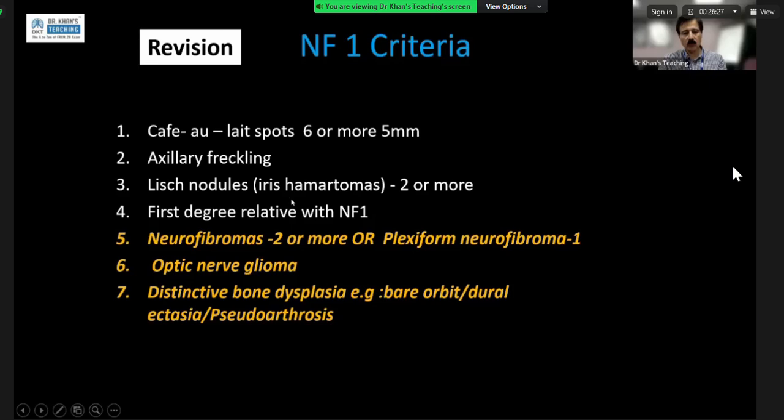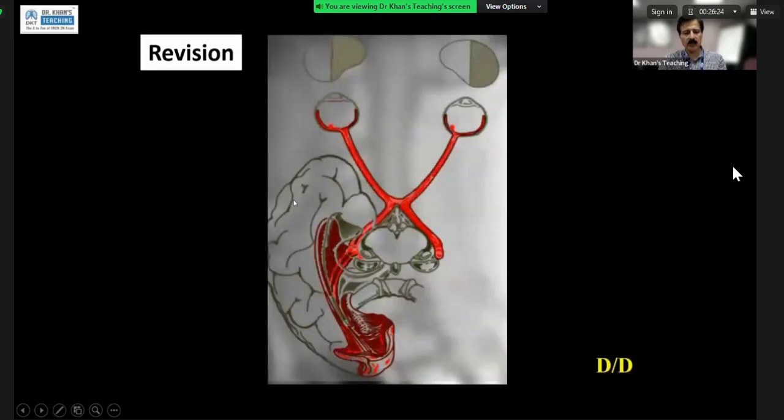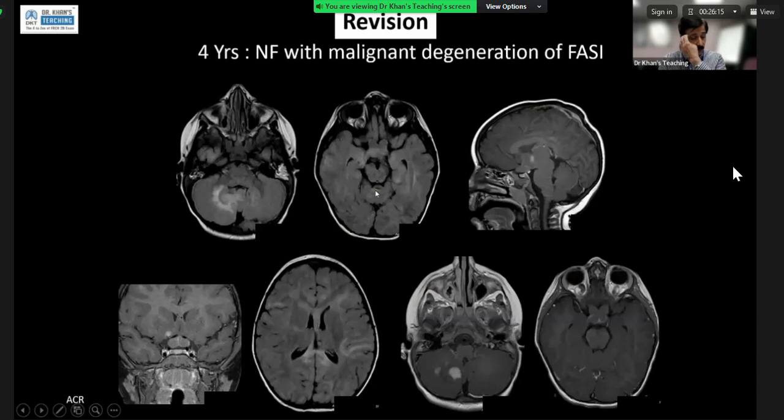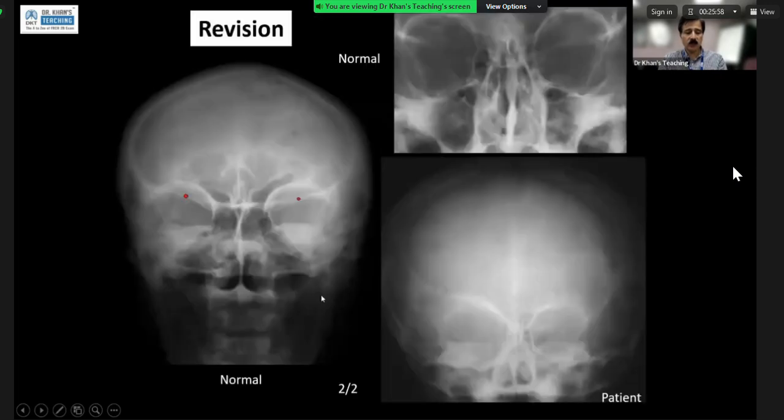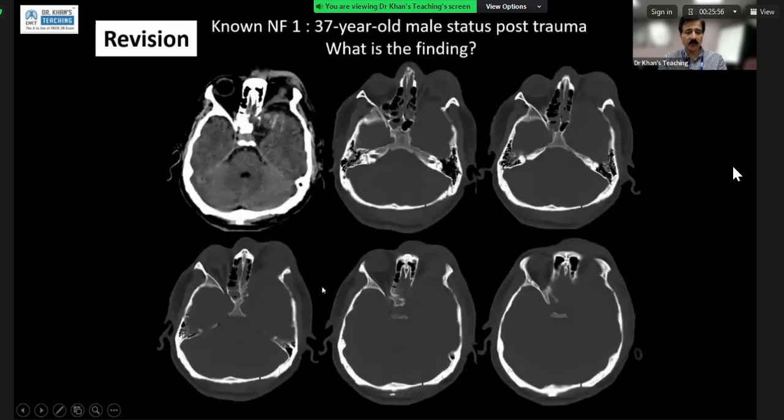I am not going to revise them in detail, but I just wanted to reiterate that optic nerve glioma, you must remember. And there are, of course, a huge number of radiological features of NF1. Please remember that in NF1, there can be bone dysplasias, and one of them is sphenoid wing dysplasia, where simply the sphenoid wing is not present.